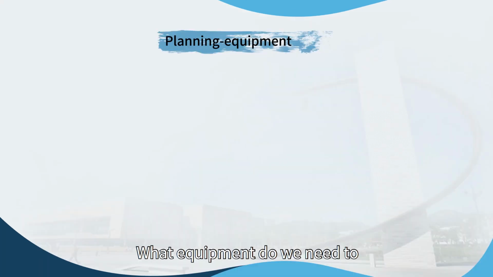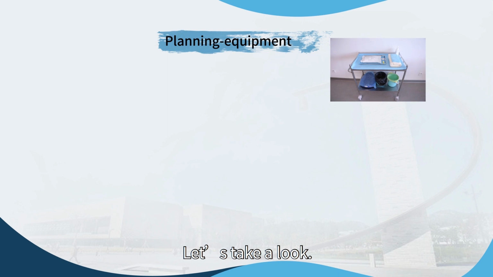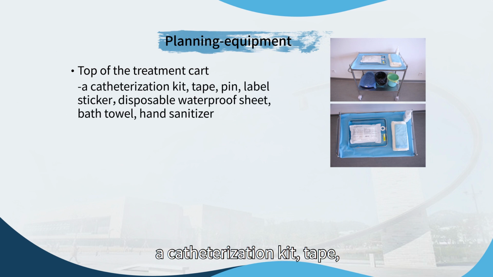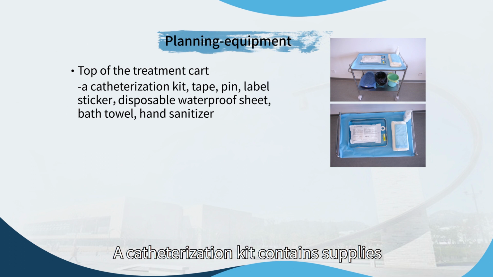What equipment do we need to perform urinary catheterization? Let's take a look. Top of the treatment cart: a catheterization kit, tape, pin, label sticker, disposable waterproof sheets, bath towel, and hand sanitizer.